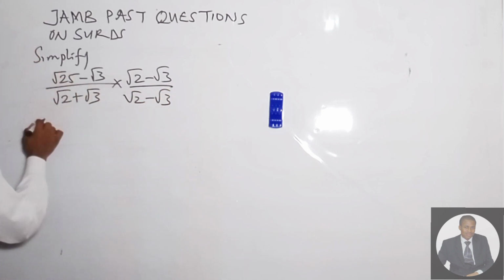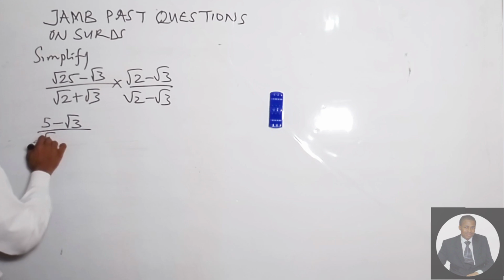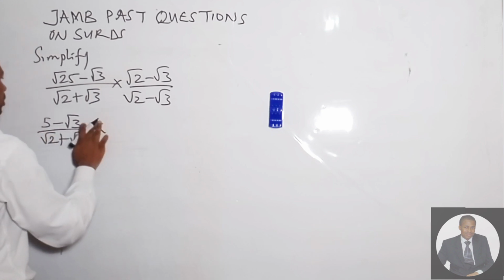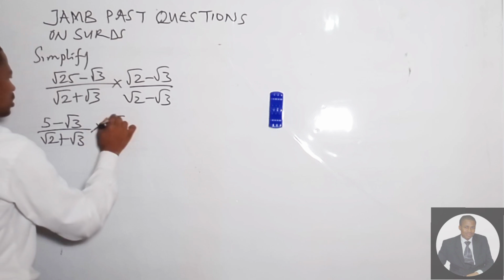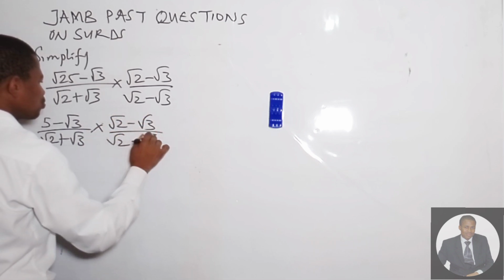So, here we can simplify this first to be 5 minus root 3 over root 2 plus root 3. Then we multiply by the conjugate. That's root 2 minus root 3 over root 2 minus root 3.